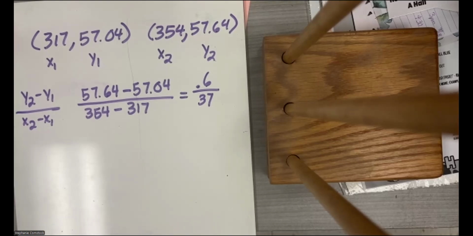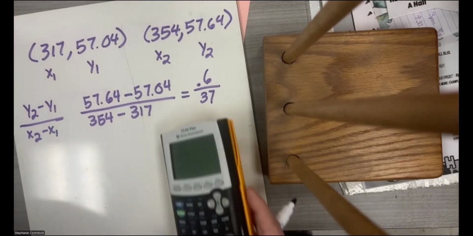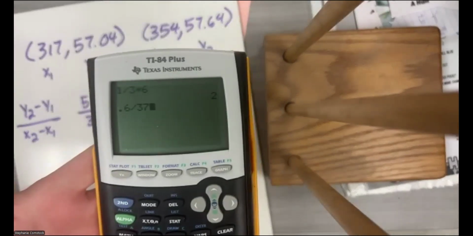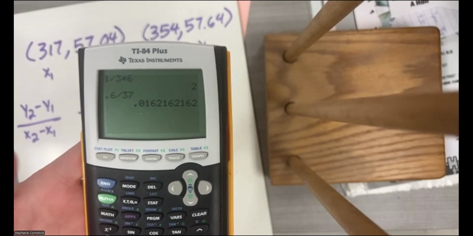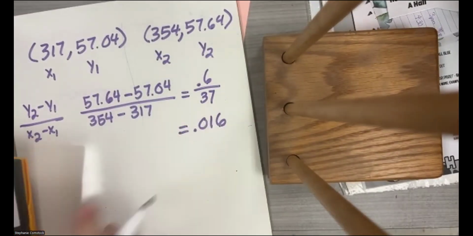Doing that with a calculator, I'm going to do 0.6 divided by 37. I'm going to get 0.0162. They wanted m at 3 decimal places, so that's going to be 0.016.